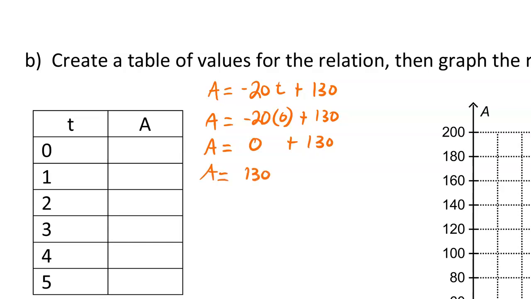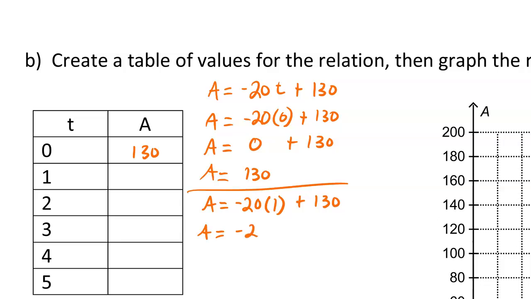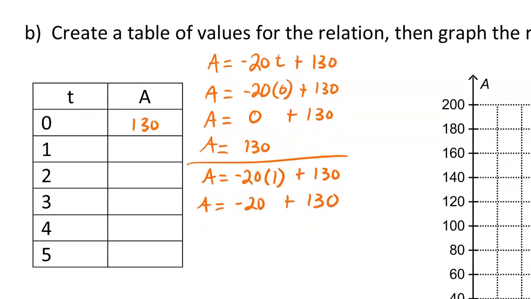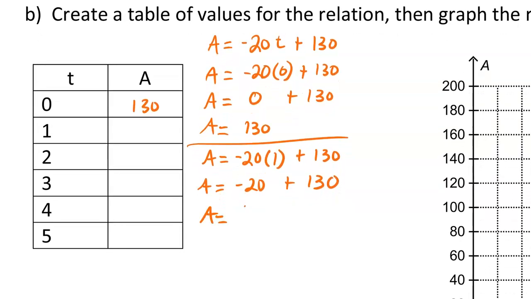So at the beginning, we knew he had $130. Next, we want to figure out how much he's going to have in his account after 1 week. So A equals negative 20. And this time for T, we're putting in 1 plus 130. A equals negative 20 plus 130. A equals $110.